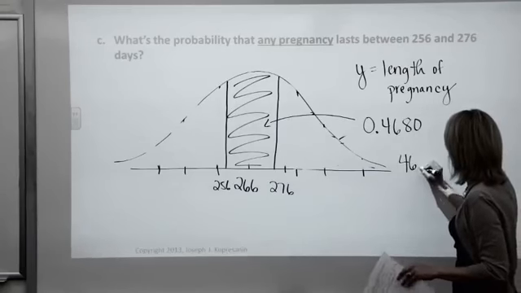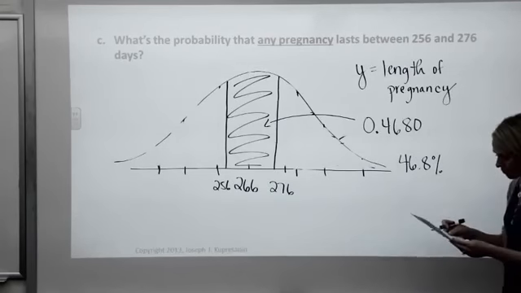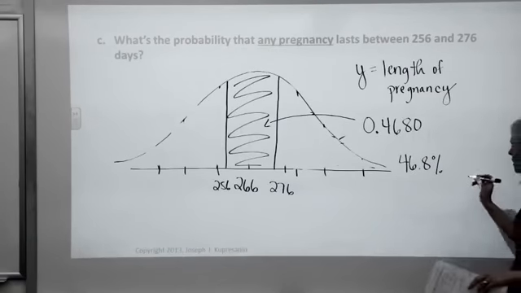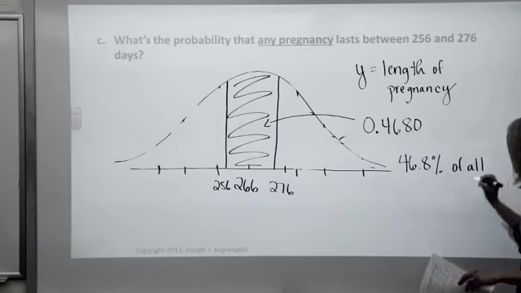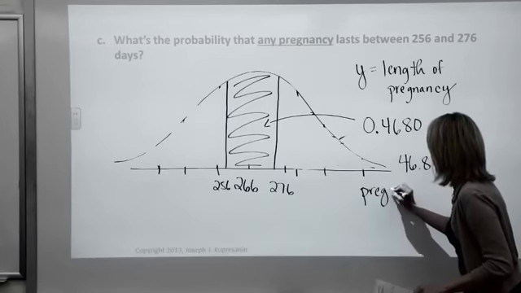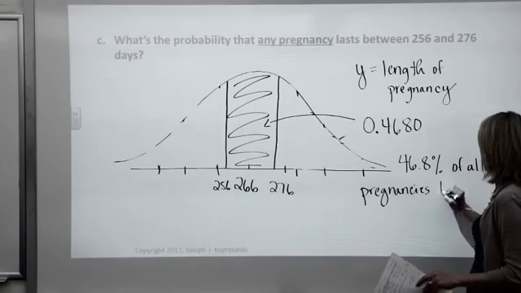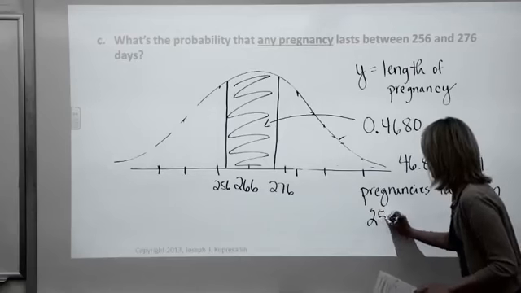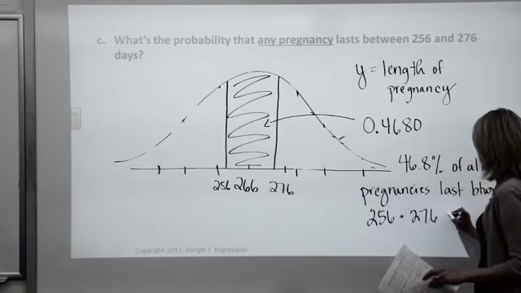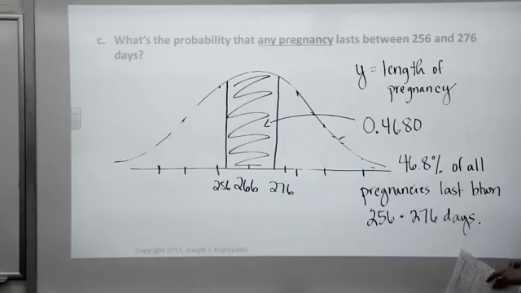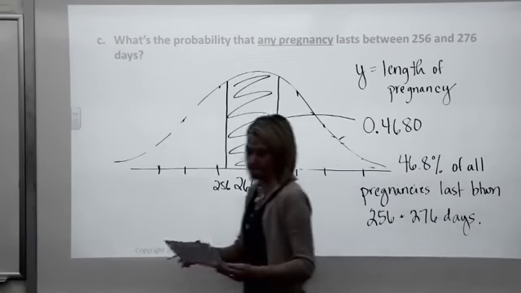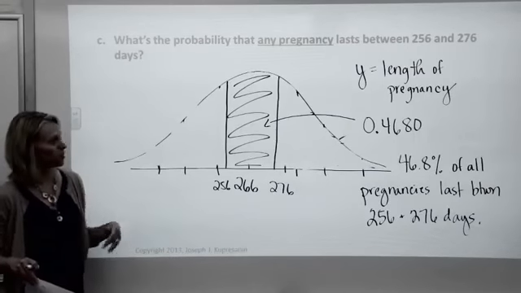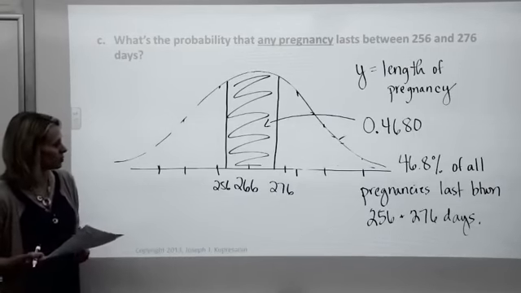Or we could say about 46.8% of all pregnancies will last between 256 and 276 days. So A, B, and C have been complete review from what we did back in lesson 12.